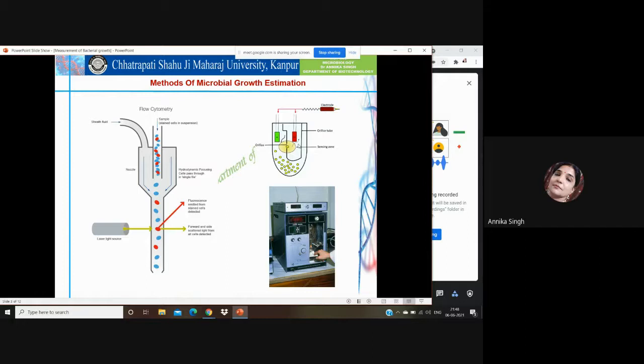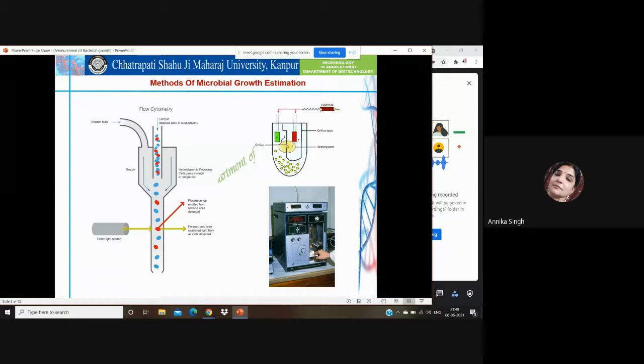In other words, in the Coulter counter, a microbial suspension is deliberately forced through a small orifice, and electrical current flows through the hole via electrodes placed on both sides of this orifice.